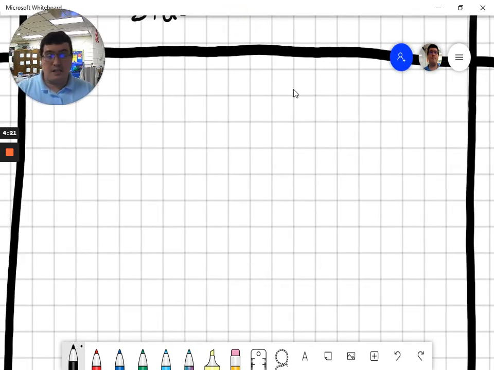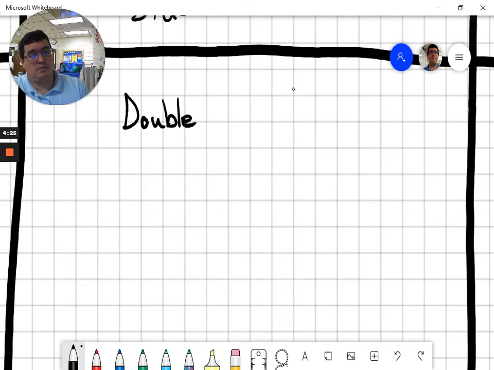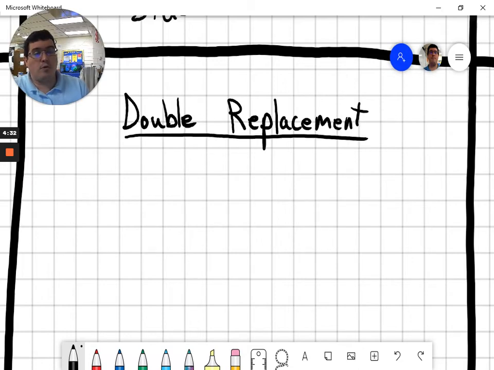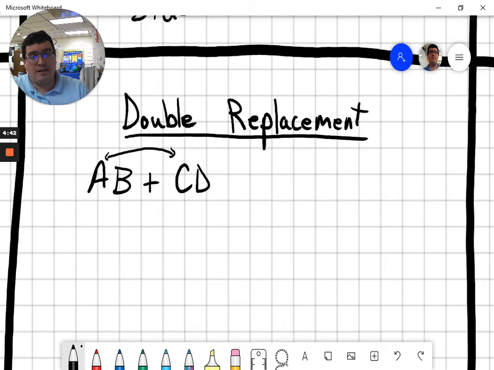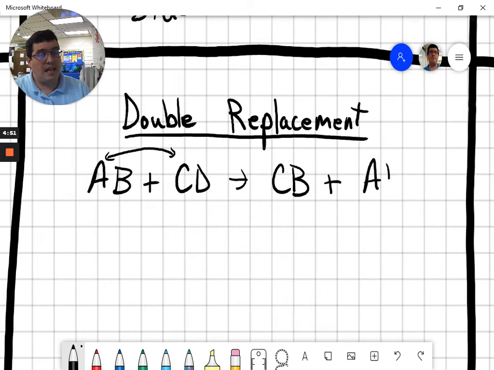If you have single replacement, you can also have double replacement. A double replacement reaction is where you have something like AB plus CD. What we can do there is we can take the A and the C, those first 2 elements, and we can have them swap places, doubly replacing one another, leaving us with compound CB and compound AD.